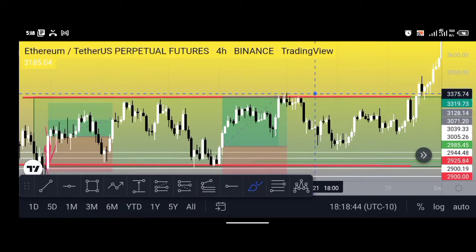So after the formation of that tweezer top, you know that the tweezer top occurs in an uptrend, in the overbought area of the market. So after the formation of that tweezer top, the next candle forming is going to be a bearish candle.